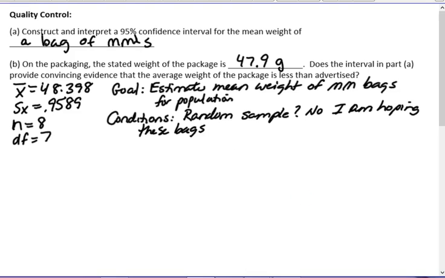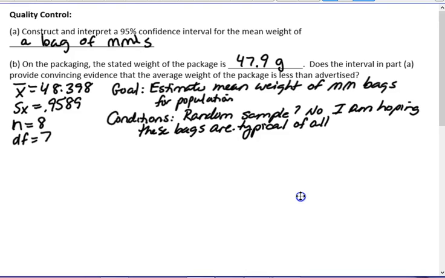And this is something we'll talk more about later as we get into other types of inference procedures. We don't always have a random sample. Sometimes we just say, okay, it's reasonable to assume my sample is representative. I'm hoping that that is the case here.